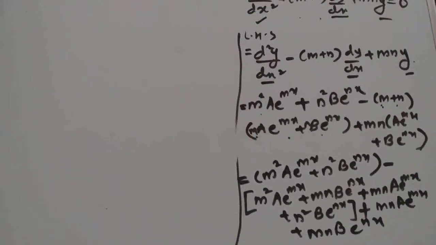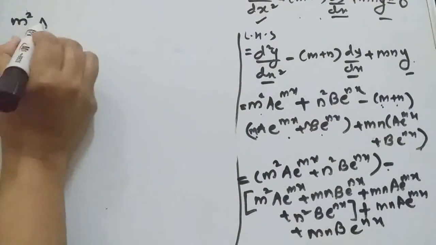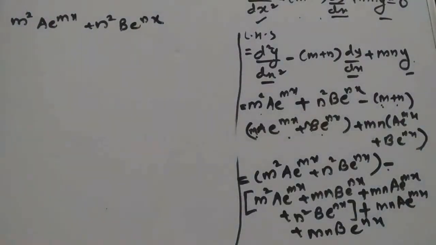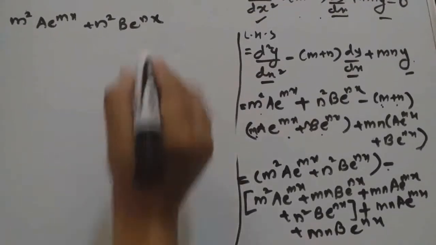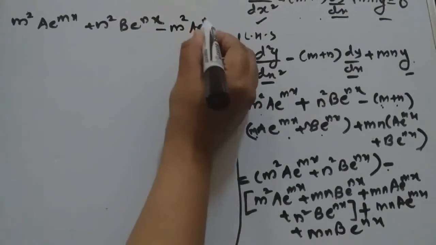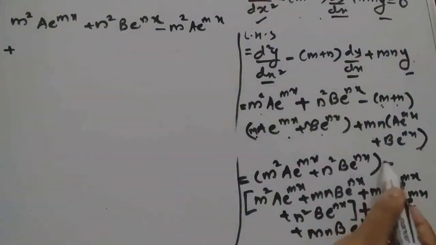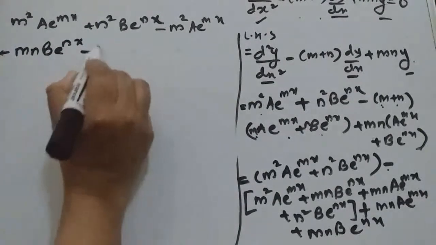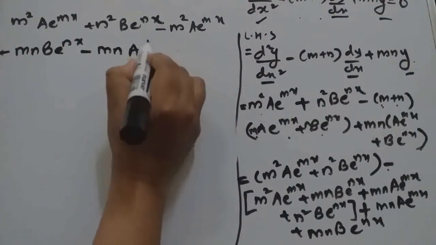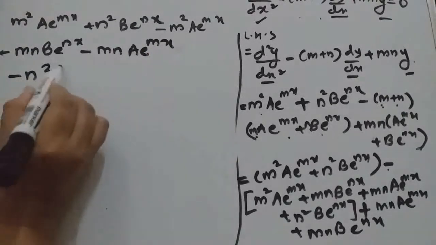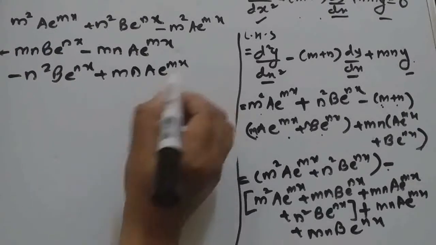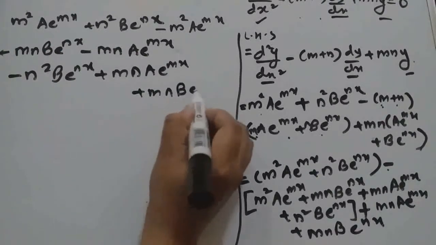Okay, now what we will do here, with the minus we will open the bracket. Minus m²A e^(mx) minus mn B e^(nx) minus mn A e^(mx) minus n²B e^(nx) plus mn A e^(mx) plus mn B e^(nx).